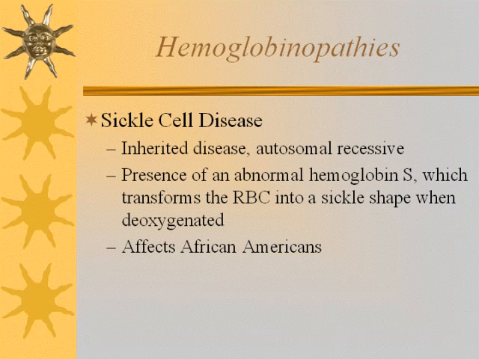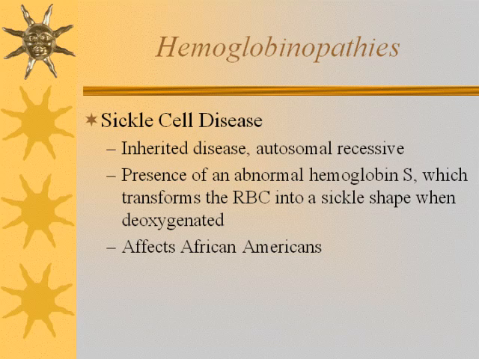Beginning with hemoglobinopathies. Again, these are all examples of hemolytic anemias, or premature destruction of red blood cells. The first one is sickle cell disease. Pretty common, and I'm sure everybody's heard of this.